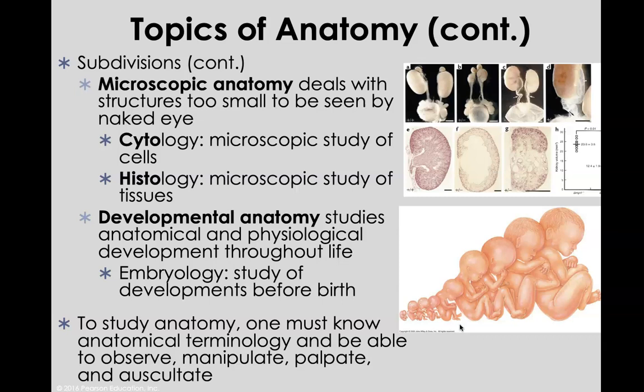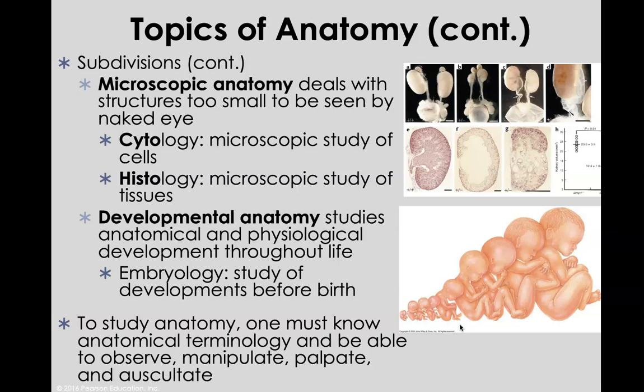So as you're learning the different muscles and what bones they move as they contract, do they rotate your arm internally? Will they flex your arm? Will they extend your arm? It's really important if you can use your own body to manipulate and see how some of these different anatomical features work.